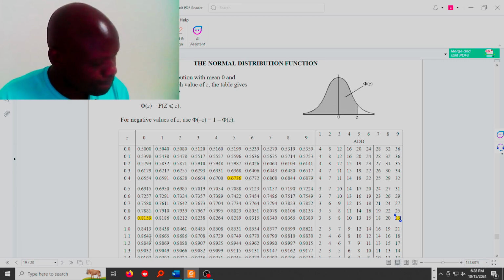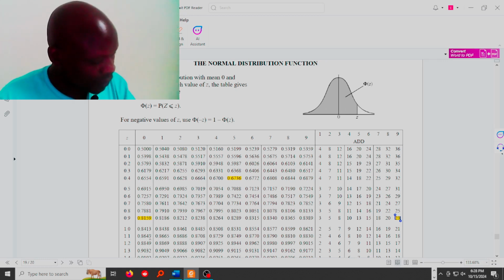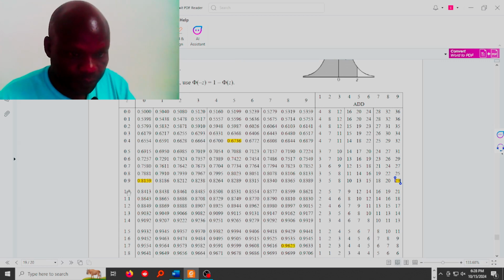Then there's a Z reading of 1.3636 as we saw. And if we check here again, 1.36, 1.3, then we get 6 here, 36. So I want to get to 4, which is 6.